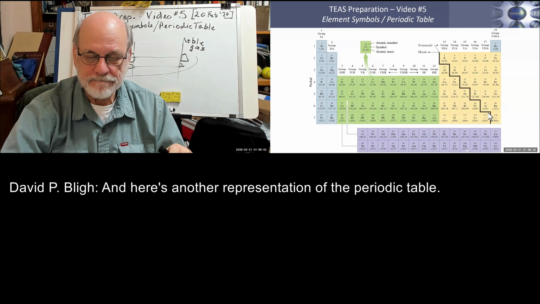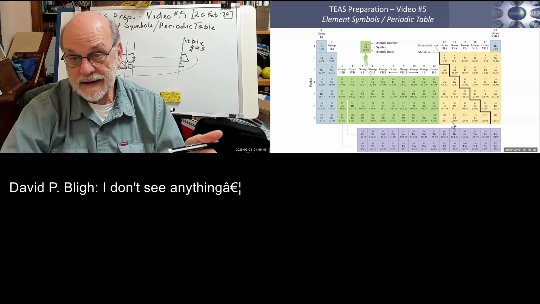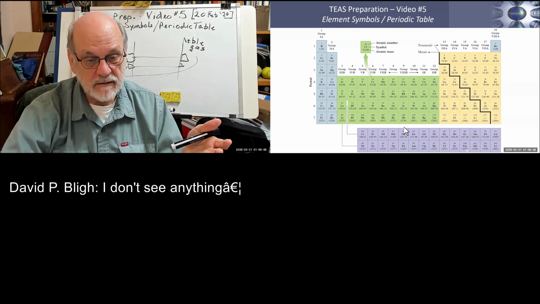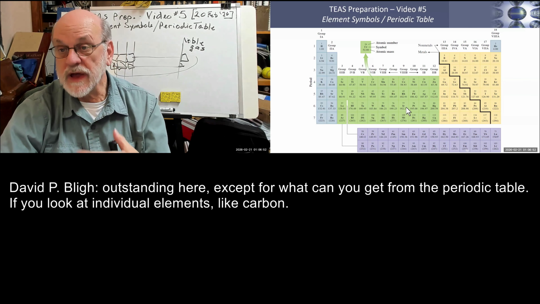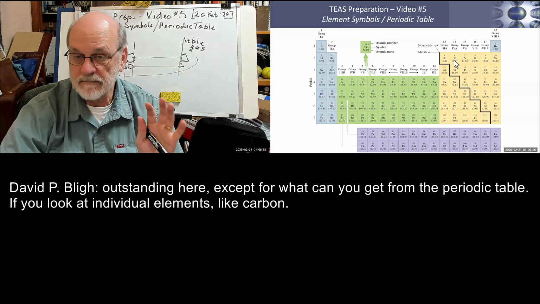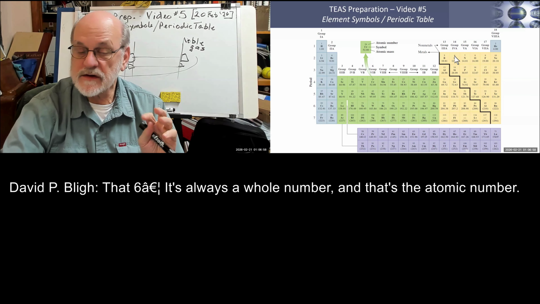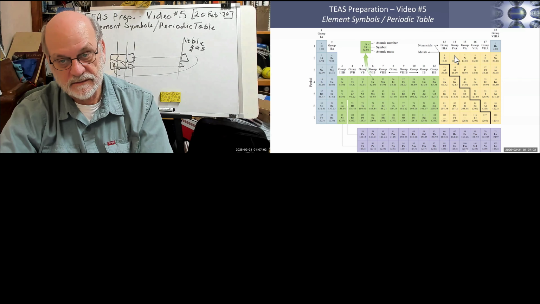And here's another representation of the periodic table. I don't see anything outstanding here except for what you can get from the periodic table. If you look at individual elements like carbon, that 6 is always a whole number, and that's the atomic number.